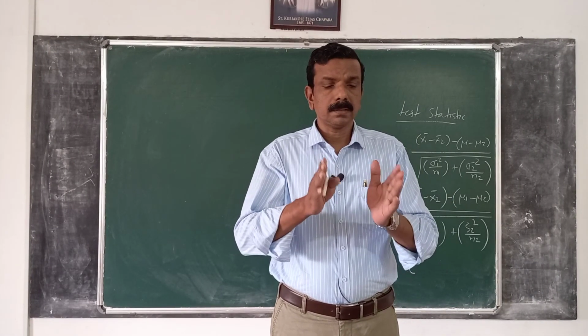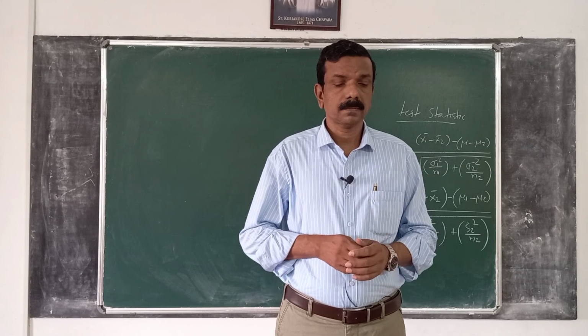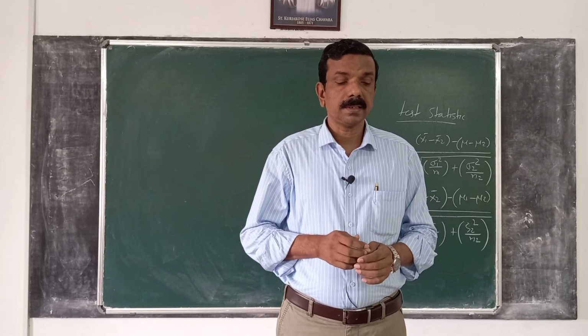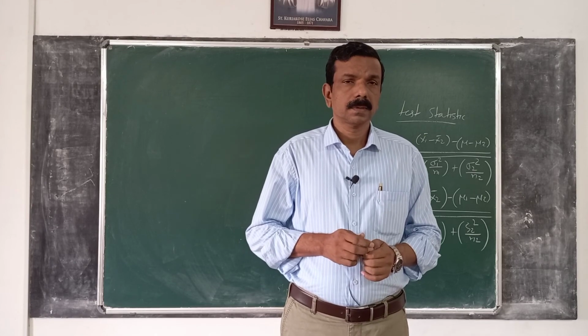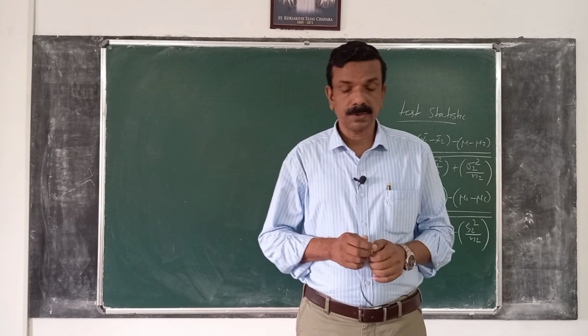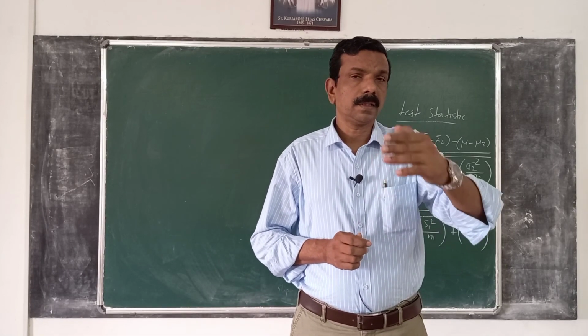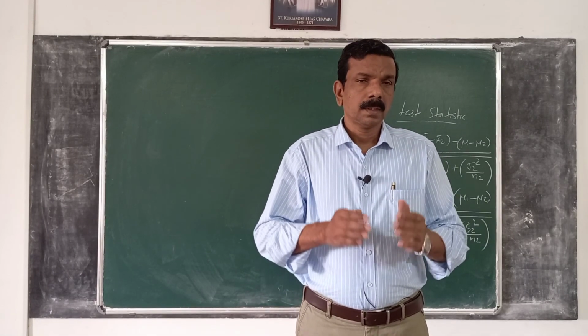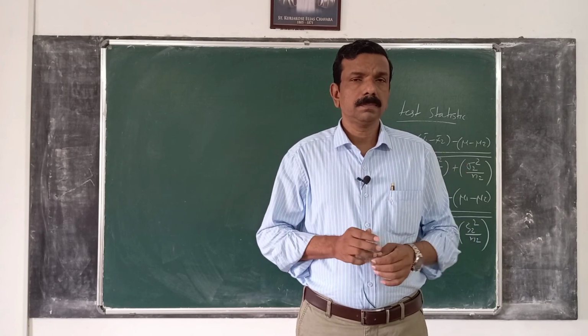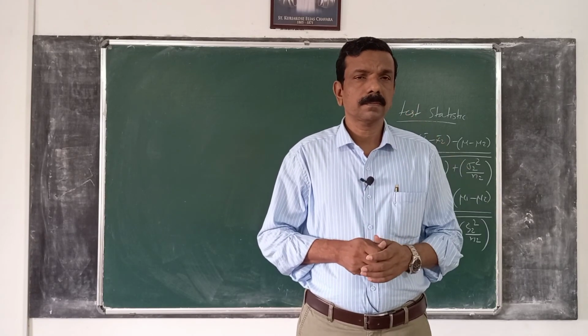Now, we consider the distribution of non-pooled t statistics. The first procedure we have discussed was the pooled t-test procedure. Now, as standard deviations are not assumed equal, pooling is not possible.